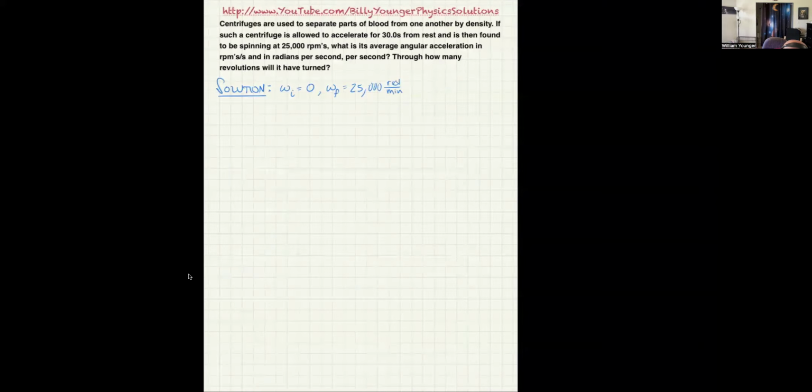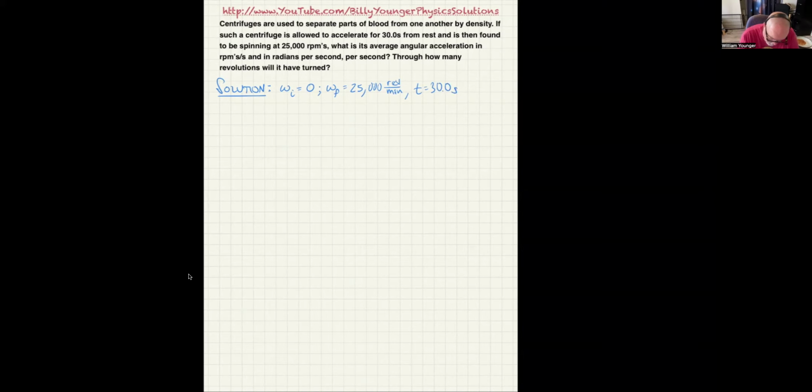I'm writing revolutions per minute as opposed to RPM so that we can make easy conversions and know exactly what's going on. So that's omega final. We found the time elapsed was 30.0 seconds.